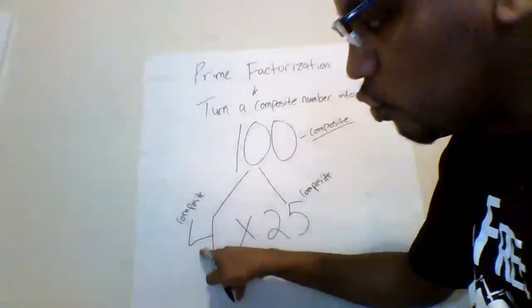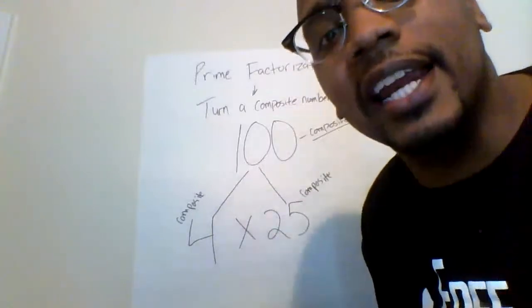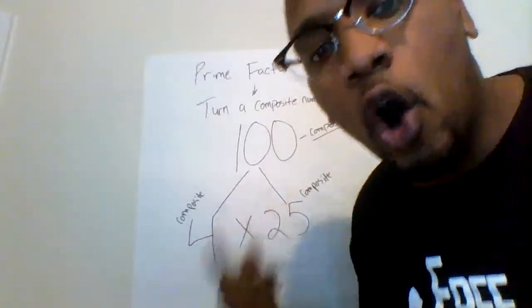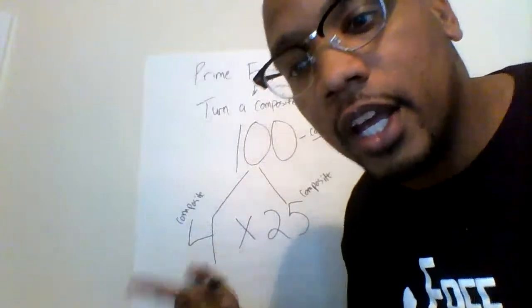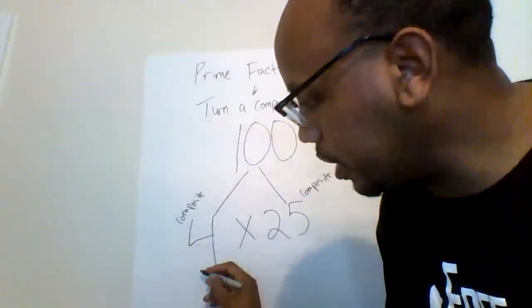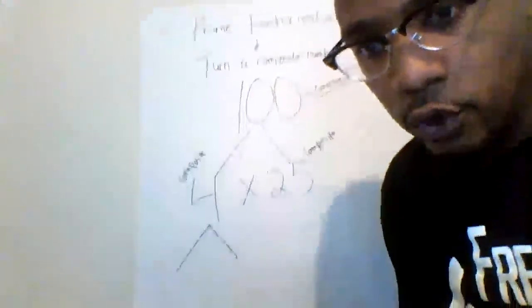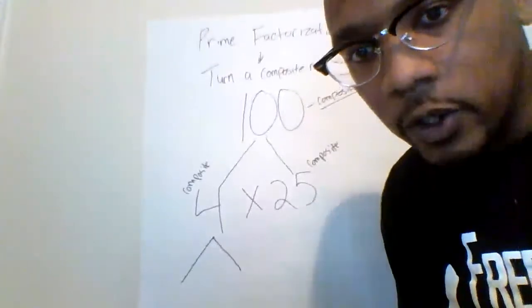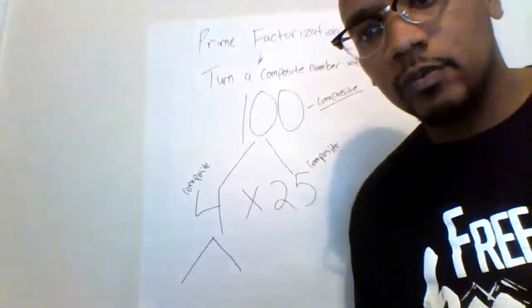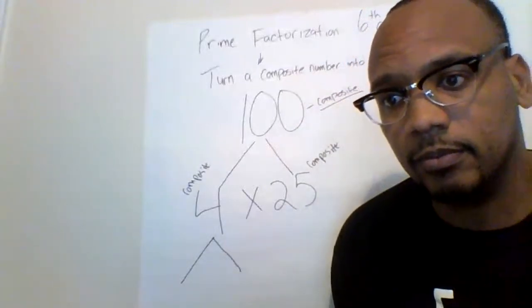So yeah, I broke it down into 4 times 25, but I gotta keep breaking it down until I get only prime numbers. So how can I break down 4? What does 4 break down into? Type it in. What number can I multiply to get 4? Remember, don't use 1 because 1 is neither prime nor composite.